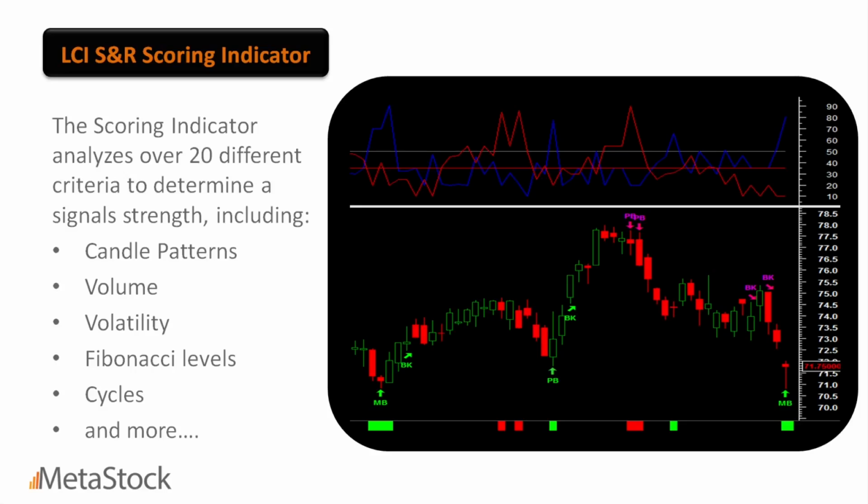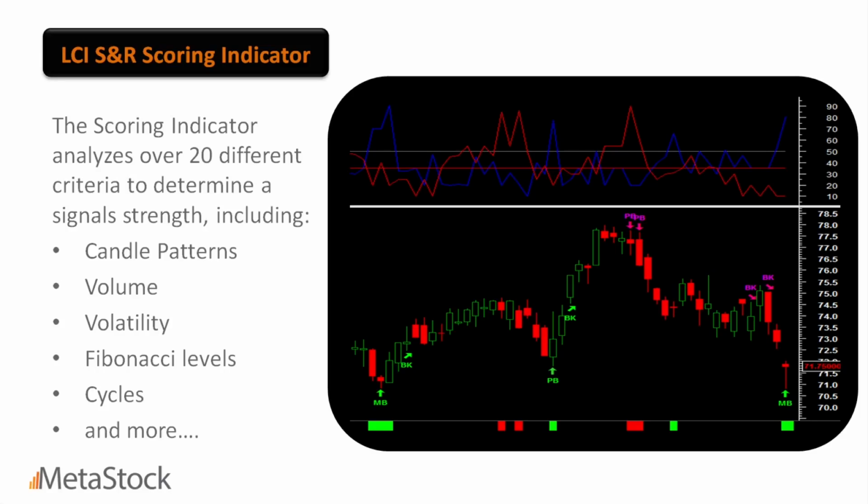Now, these scoring indicators are designed to work around those supporting support and resistance levels. So by taking those into consideration, we can give ourselves a good idea as to the strength of that support or resistance level.